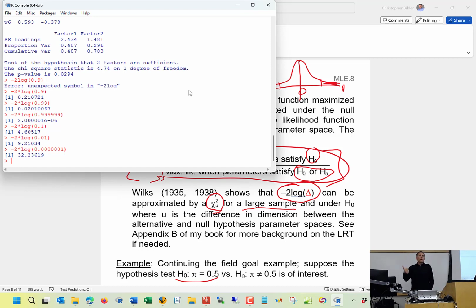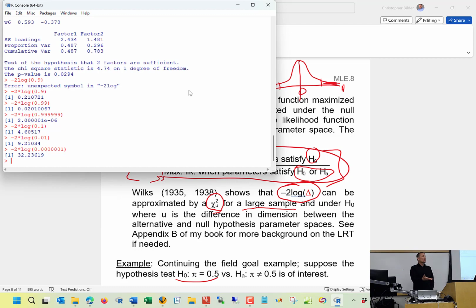Okay, so when should you reject H0? For a small value of -2 times log of delta, or for a large value? For a large value. And then you might be thinking, well, how large is large?